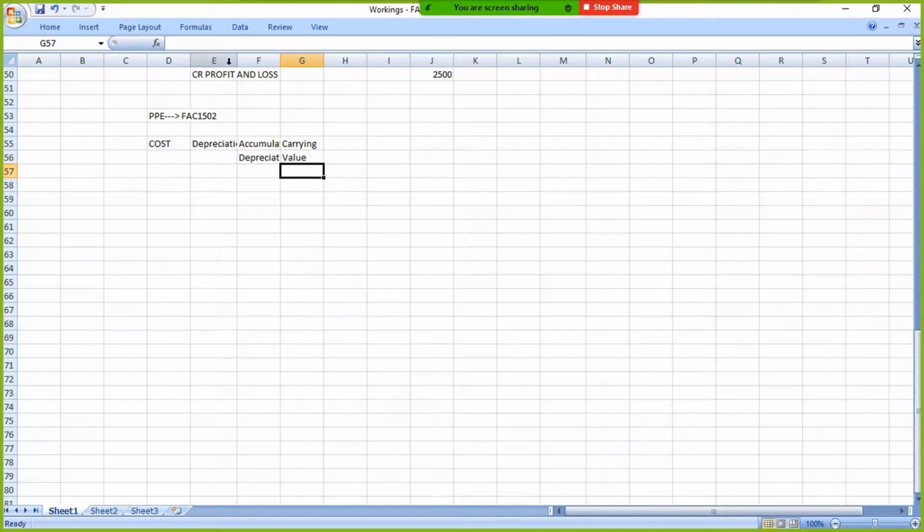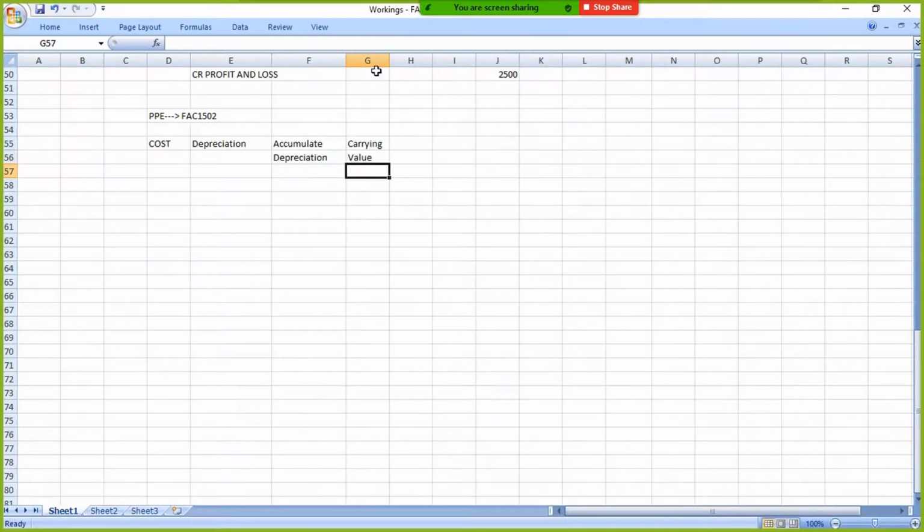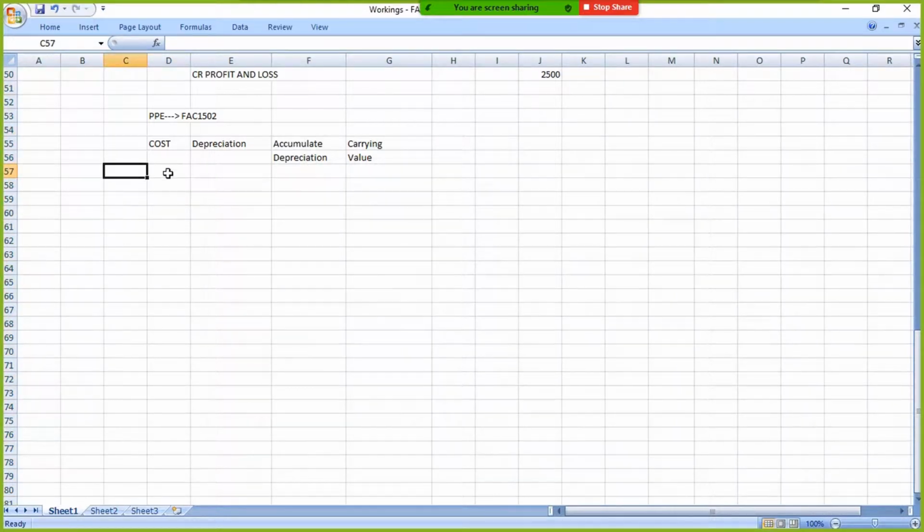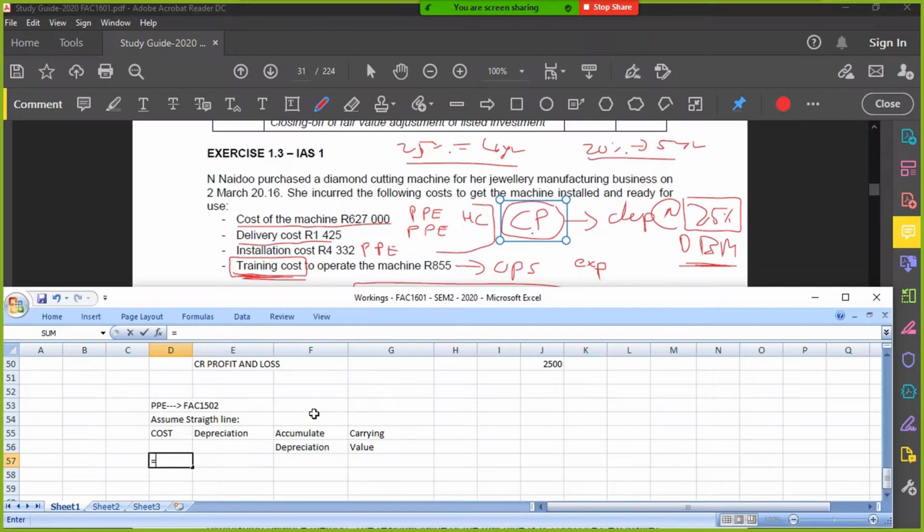Let me show you what I mean in terms of straight line. If it's straight line, what are you going to have here? Well, the cost. What is the cost? We need to add up all those amounts: 627000 plus 1425 plus 4332. Okay.